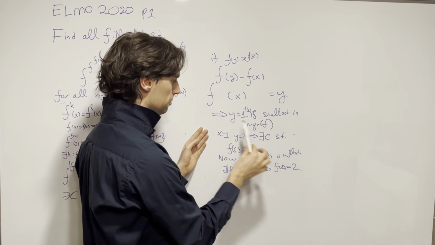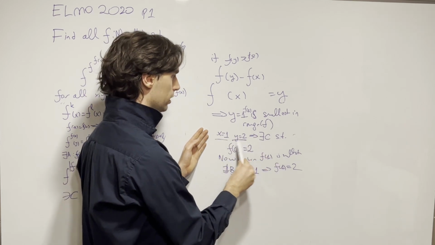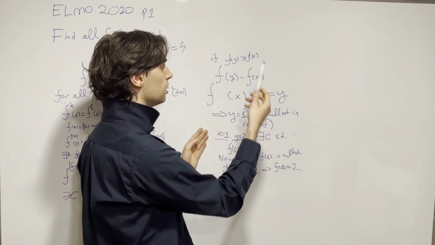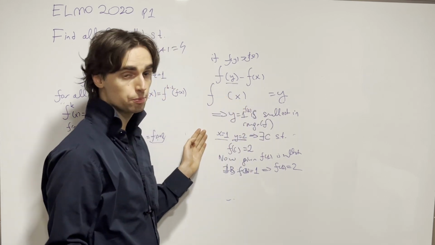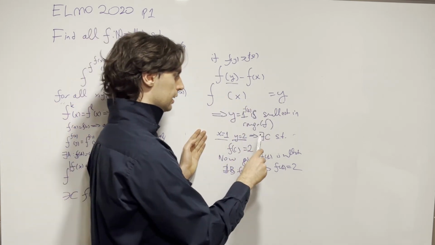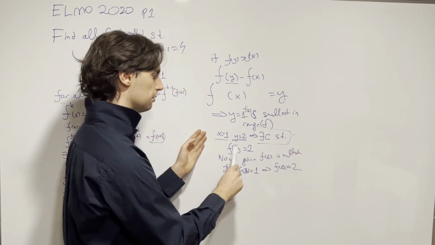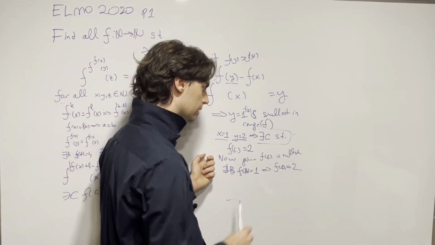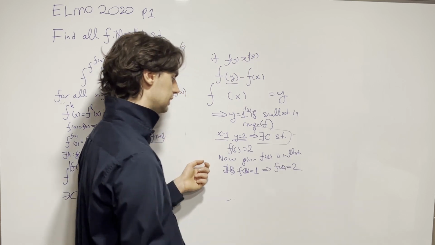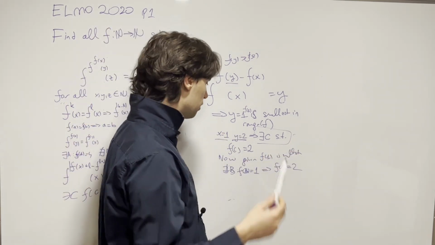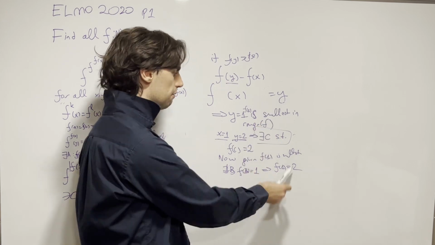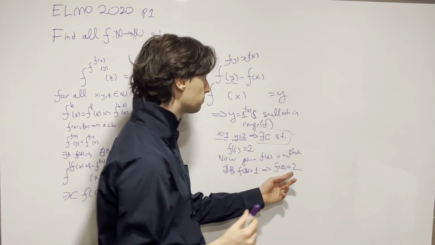Now plugging in x equals 1 and y equals 2, f of 2 needs to be greater than f of 1, because f of 1 is the smallest. That gives us there exists a c such that f of c is 2. Now, given that f of 1 is smallest and there doesn't exist a b which is equal to 1, and given we have an injection, we have f of 1 is equal to 2.